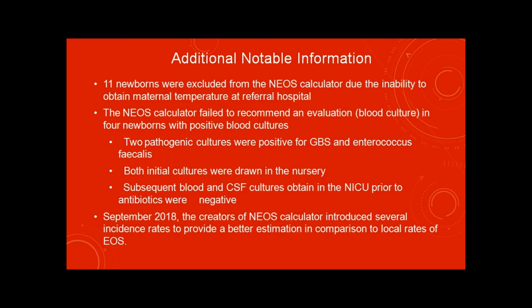So he fell in the equivocal category, and he said, you don't need to draw a culture. We already have that one cooking. We're going to watch the baby. The blood culture came back positive at 12 hours of age. We repeated the culture and did an LP within 18 hours of that other culture, and both of them were negative, which is a little ambiguous.